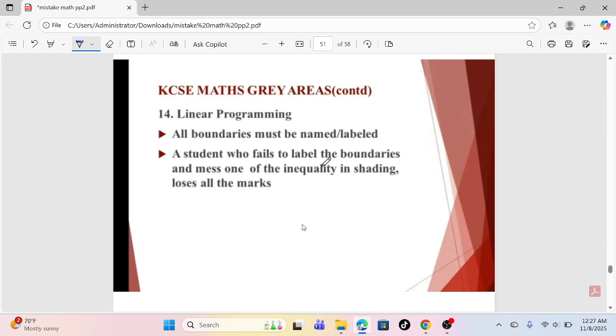In linear programming, all boundaries must be named or labeled.